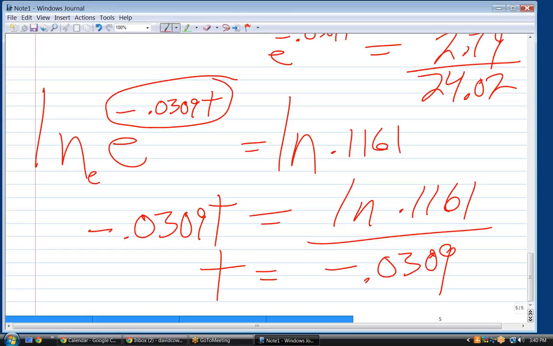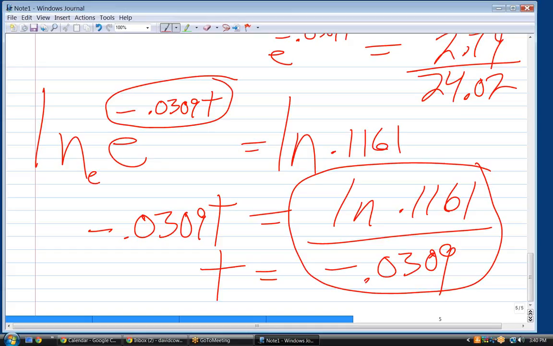It's against the rules. So the numerator is going to be negative and the denominator is negative, meaning our time is going to be a positive number, which it better be. We don't want any times that are negative.